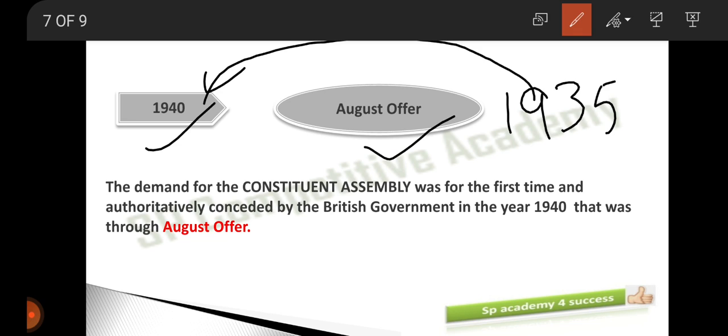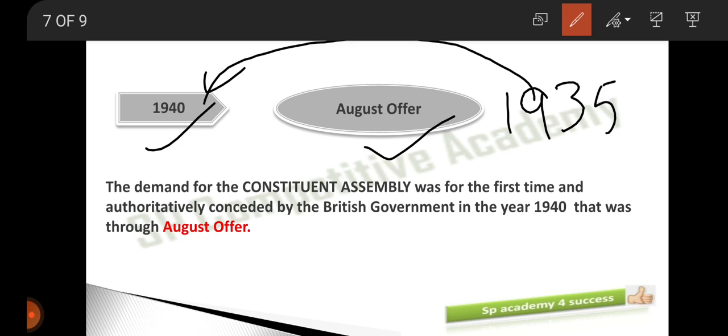Just see, it took 5 years to accept the demand. Now what is this August Offer? What we will have in this August Offer, we will see in a separate session. Just for now, remember that the proposal of the Constituent Assembly was accepted in 1940 through the August Offer.